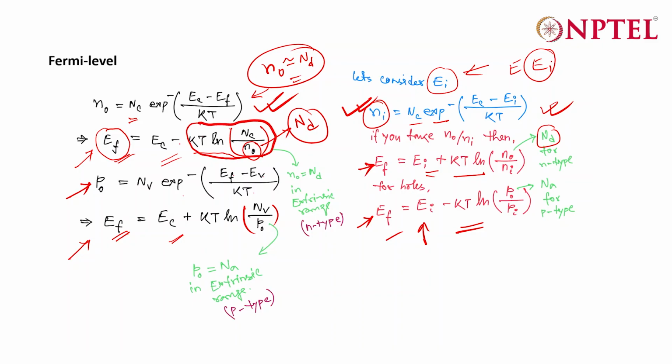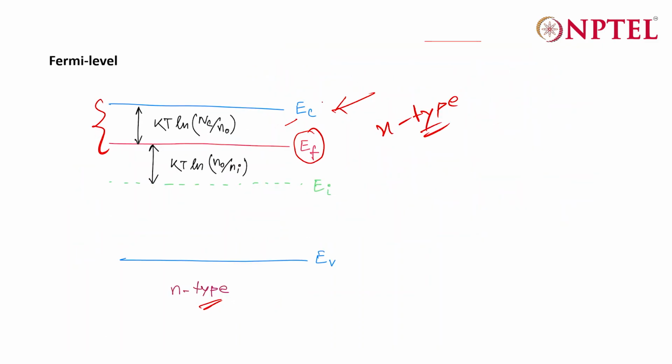So it's like Ec minus kT ln Nc by N0, so it's below Ec. And for Ei, it is Ei plus kT ln N0 by Ni. That is what you'll find here, this gap between Ei and EF. So the more the doping, it will go even closer, and it will keep on going. This is how the Fermi level behaves in an extrinsic semiconductor.